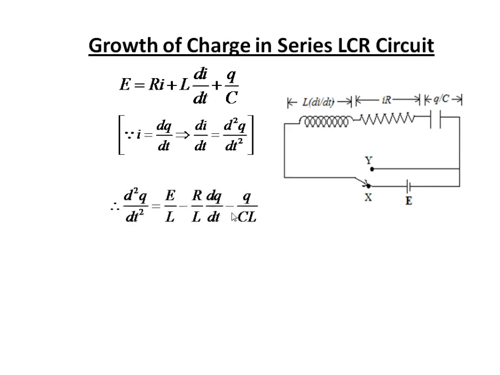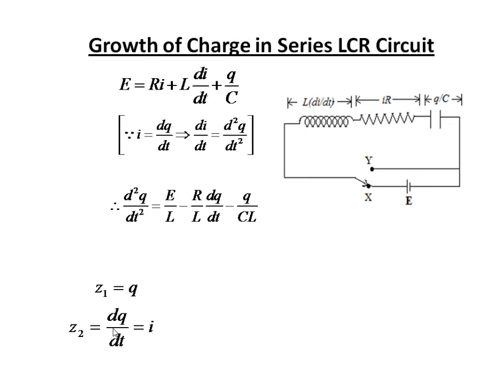This will lead to this second order differential equation, which is rearranged for d2q by dt square. Now to solve in Scilab, I have substituted the symbols z1 and z2 for q and dq by dt.